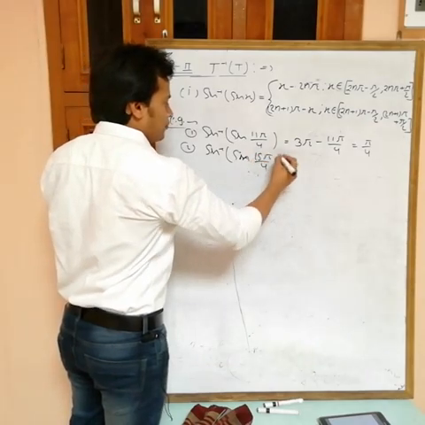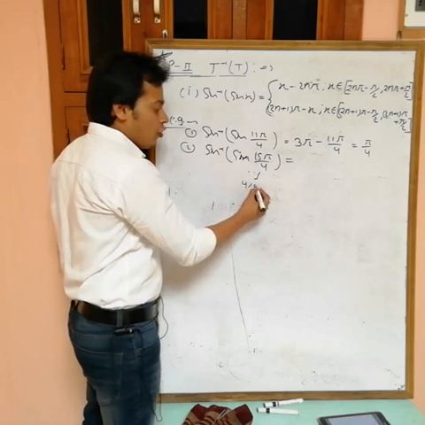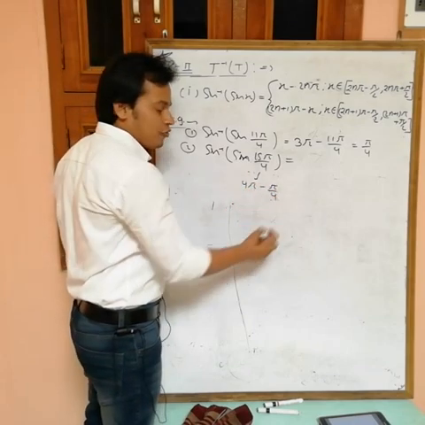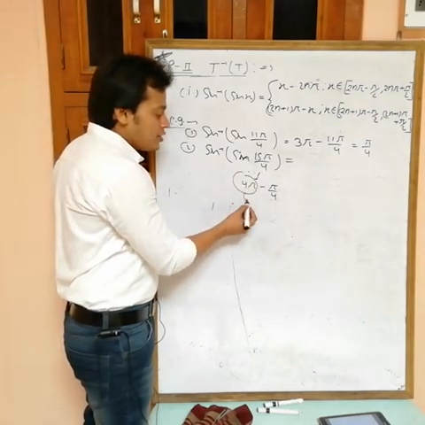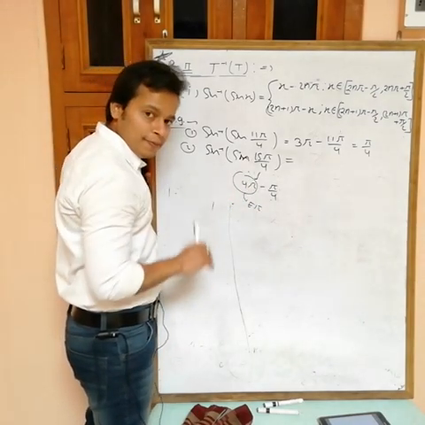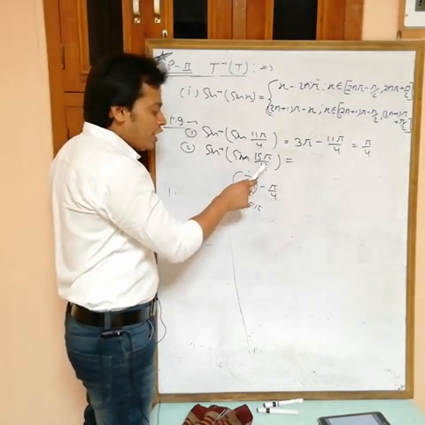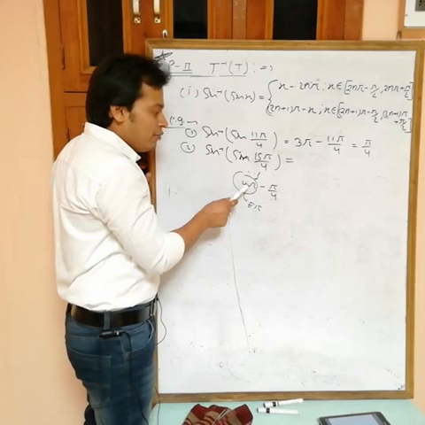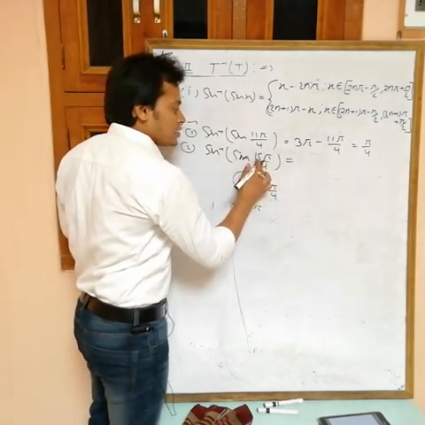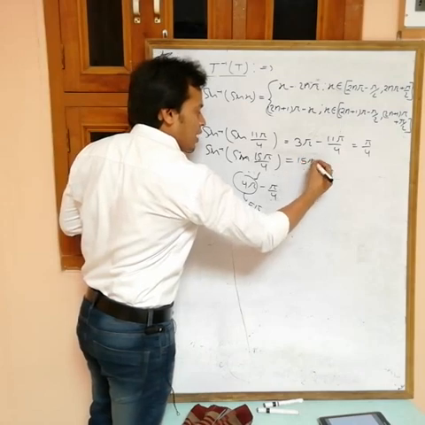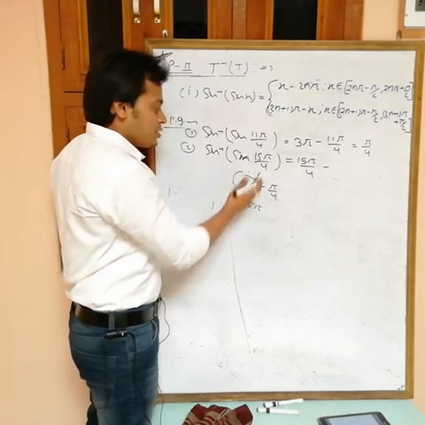15 pi by 4. Now 15 pi by 4 is 4 pi minus pi by 4, and 4 pi is an even multiple of pi. In sine inverse sine x, if x is near to an even multiple of pi, then the formula is x minus that even multiple of pi, meaning 15 pi by 4 minus 4 pi, since this is near to 4 pi.